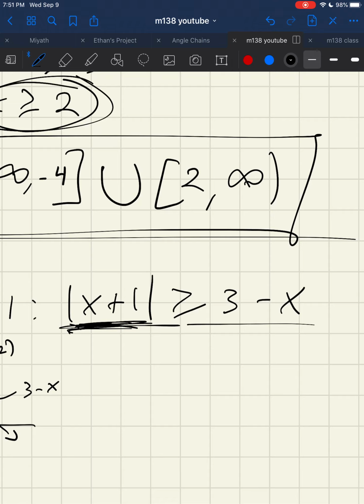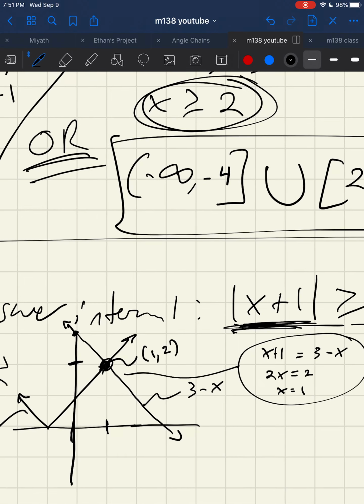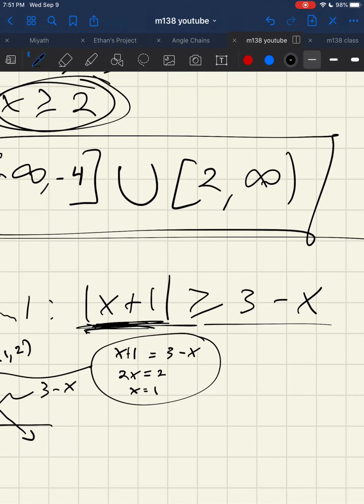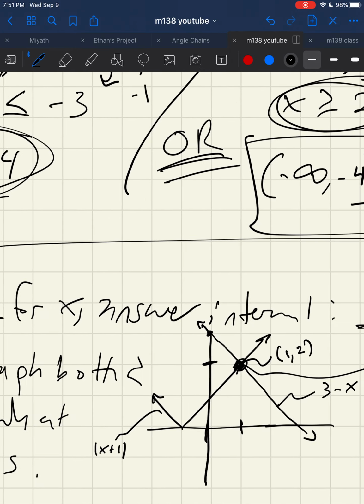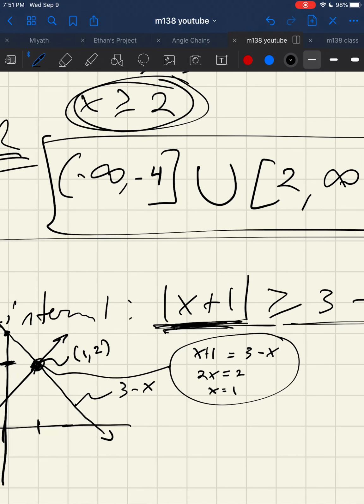So we just set these equal to solve for where that point is. x plus 1 equals 3 minus x. This is just kind of scratch work. So I've got 2x equals 2, x equals 1. Okay, so that's how I get the x value here. And of course, if I plug in x equals 1 to this side or this side, since they're equal, I'm going to get 2 as the output for either side.